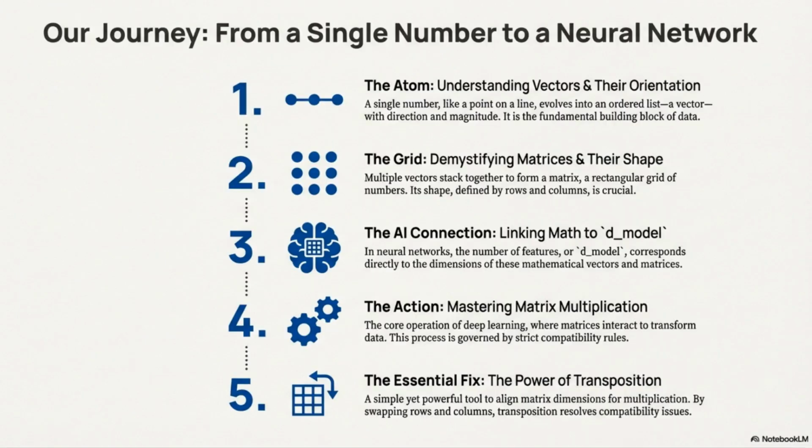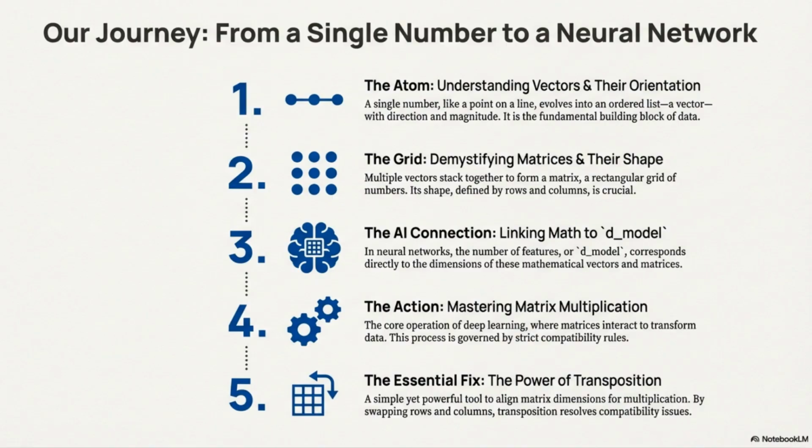Here is our roadmap for this mini course. First, we will meet vectors, the basic one-dimensional building blocks that store lists of numbers. Then we will move to matrices, which are just grids of numbers, or stacked vectors, arranged in rows and columns. Next, we will connect this math to real deep learning models by talking about something called D-model.